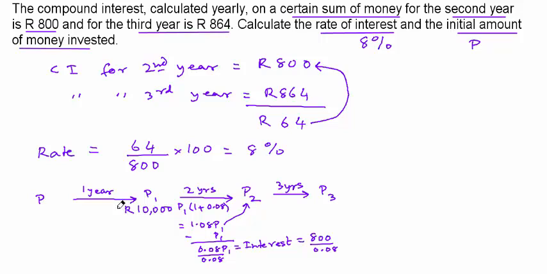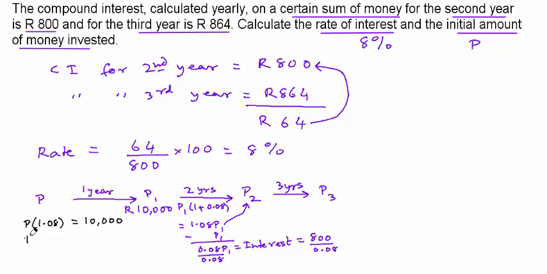And now, in the same way, we could say the relationship between P and P1 is P multiplied with 1.08 is equal to P1, which is 10,000 Rand. We know it by now.